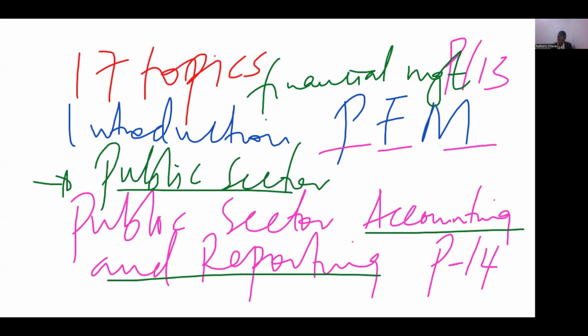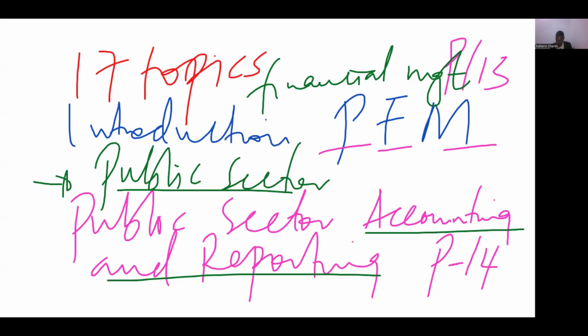So we want to see how the public sector differs from the private sector. And maybe, of course, the other civil sector, all what we call the non-profit making organizations, you will find that they are somehow similar to the public. They are not public sector, but the way they operate is a little bit similar to that of the public sector.